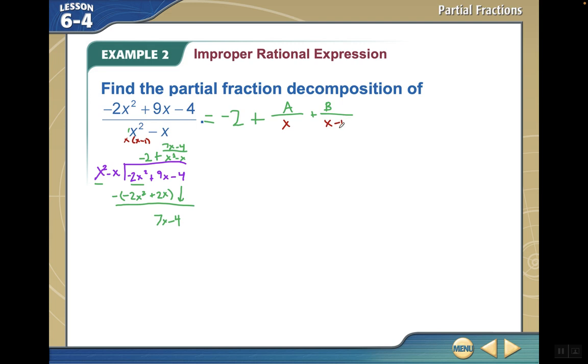Now we go through the same process, but the only difference is that we're going to use the 7x minus 4. This top part will be my final answer. But right now I'm just going to go 7x minus 4 over x squared minus x equals A over x and B over x minus 1.